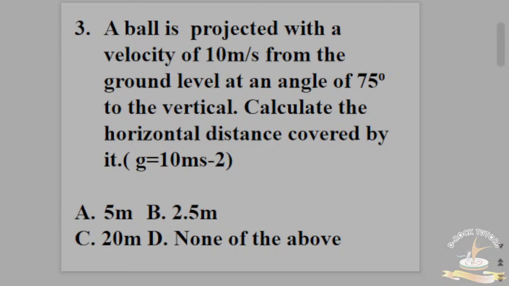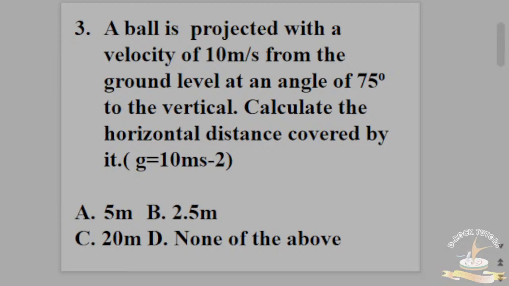This is the angle of projection that we need, and the horizontal distance covered by it, we refer to it as the range. So this is the range, the horizontal distance covered by a body during projectile.